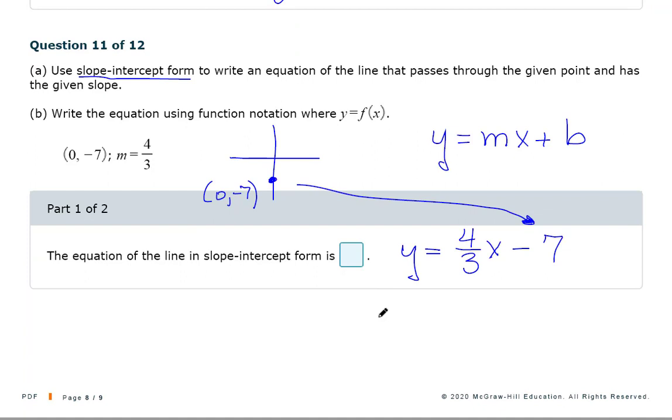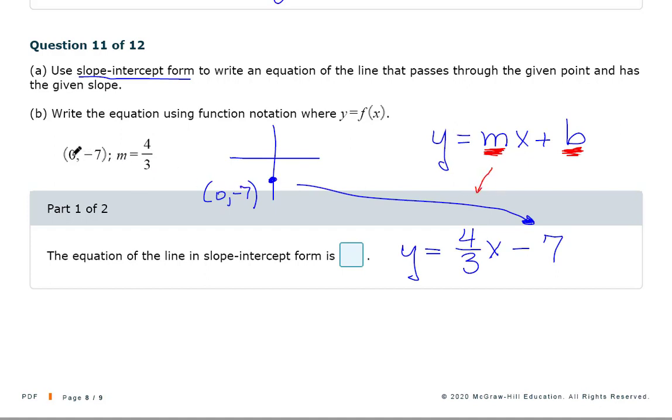Let's see, question 11. Use slope-intercept form to write an equation of a line that passes through the point they're going to give us and has the proper slope. All right, so here is slope-intercept form. What I need is a slope and a y-intercept. And look, they gave it to me. Slope is 4/3. Okay, plug that in.